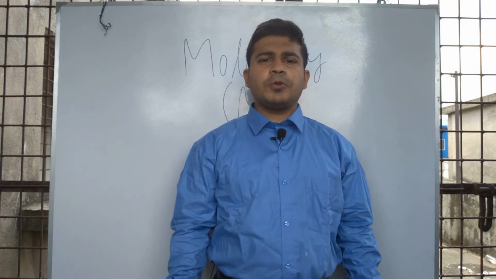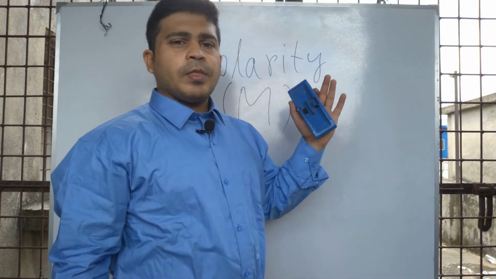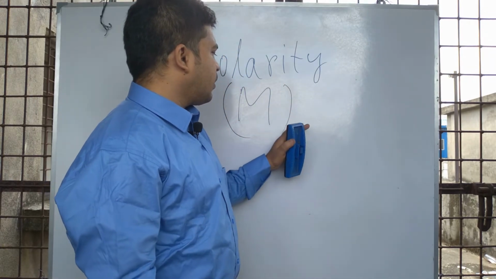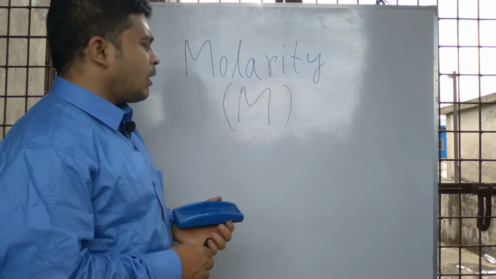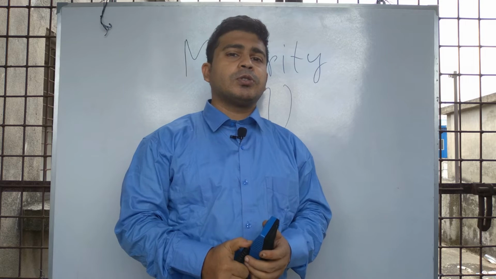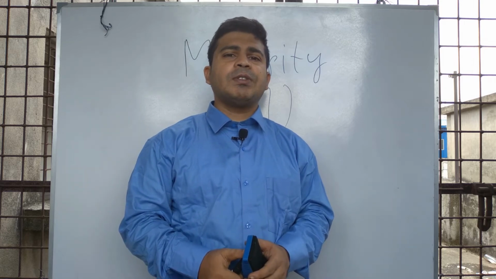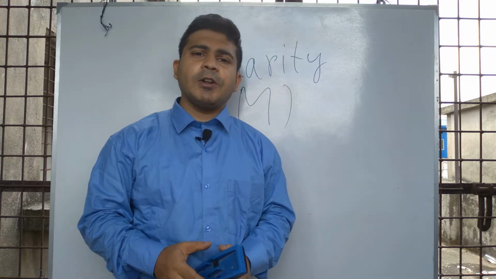In this video lecture we want to discuss molarity. Molarity is defined by the symbol M, capital M. Today's discussion is about molarity of solution. Molarity is a concentration term used in volumetric analysis.